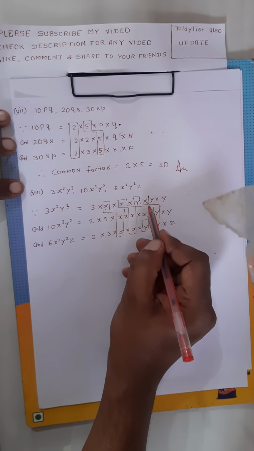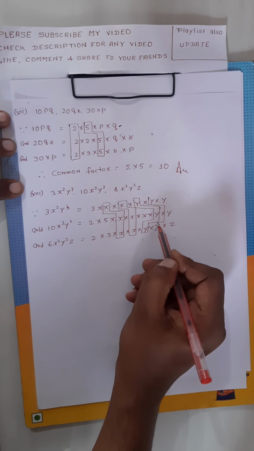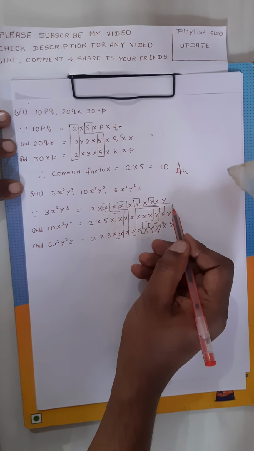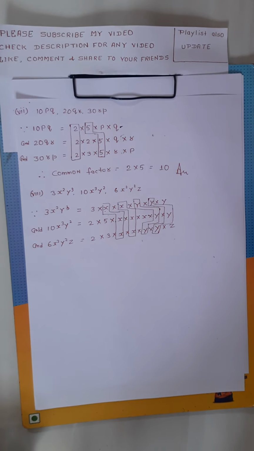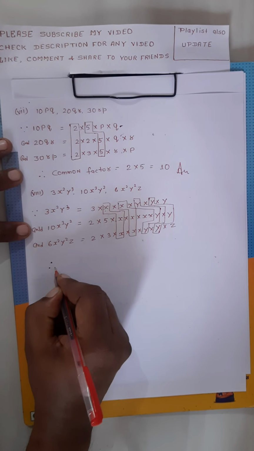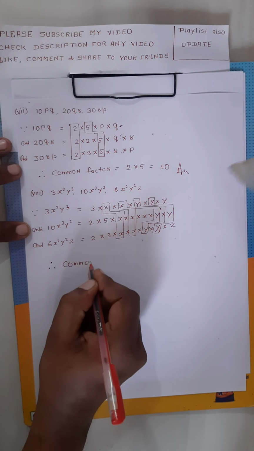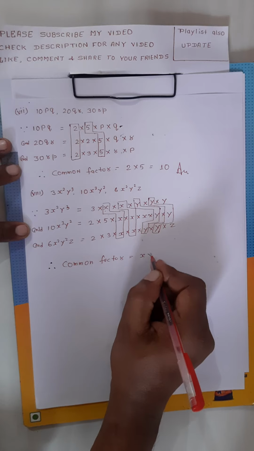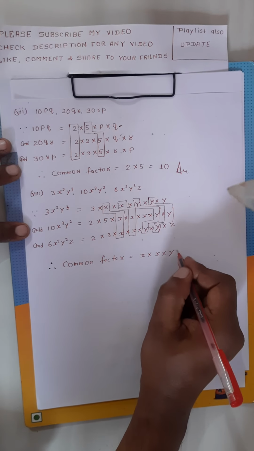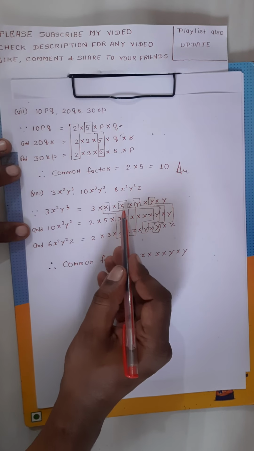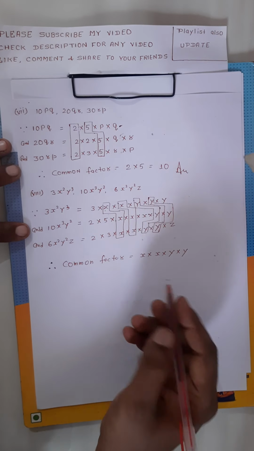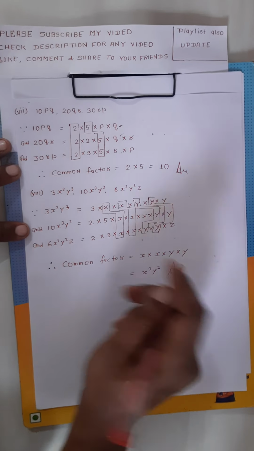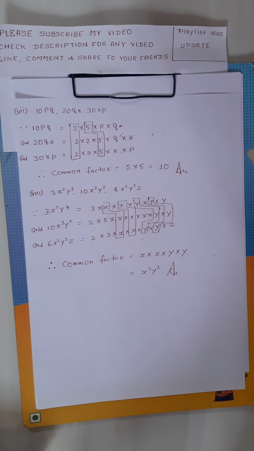Therefore the common factor will be x into x into y into y. This is the only common part, meaning x square y square is common in all three terms.